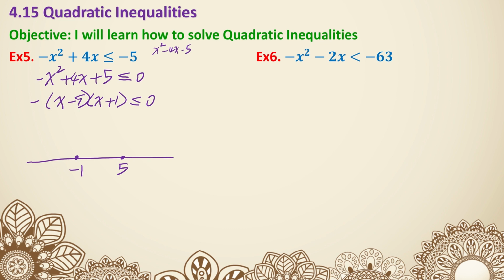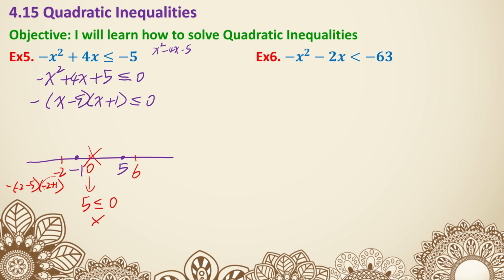The points we can use to check: a 0, a -2, and a 6. So 0 is easy. 5 is less than or equal to 0. Does not work. -2, well, that's a negative times -2 minus 5 times -2 plus 1. That's a -7 right there, and that's a -1 right there.